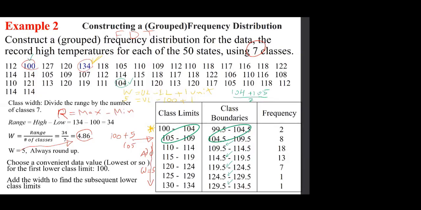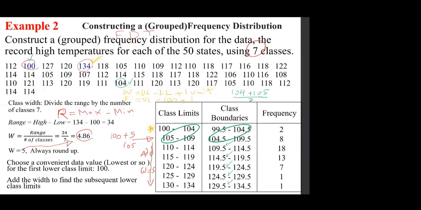Now, what I want to add is the difference between the limits and the boundaries, so everybody understands how it works. The way the class limits work, if you look at the very first one, 100 to 104, 100 is there, so is 104. If you look at the boundaries, 104.5, I'm just discussing the very first one, 104.5 doesn't belong to the first class.